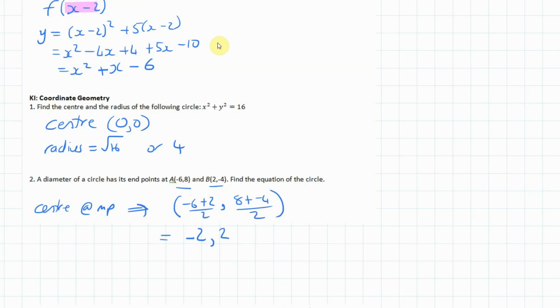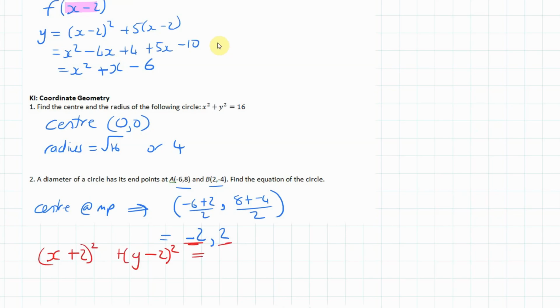So that's our center point, which means we've got half of what we need. So half of what we need is going to be (x plus 2), that corresponds to this bit here, squared, plus (y minus 2), and that corresponds to that one there, squared, equals, now we've got to find the radius squared.